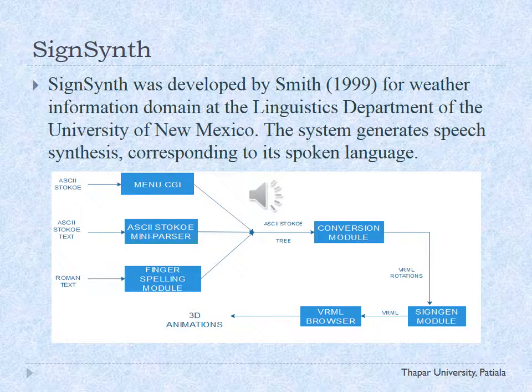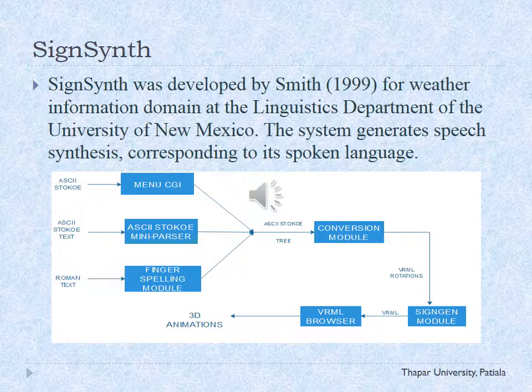SignSynth was developed by Smith in 1999 for the weather information domain at the Linguistics Department of the University of New Mexico. The system generates speech synthesis corresponding to its spoken language. It uses three input modules, a keystroke text, and Roman text.